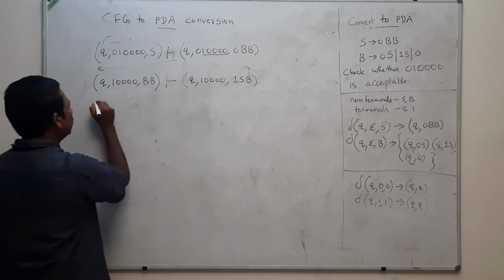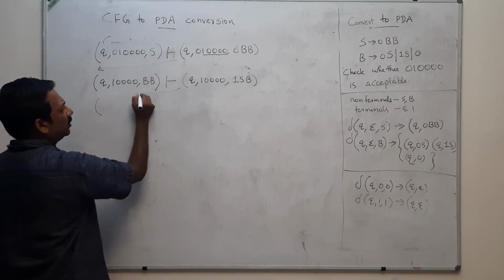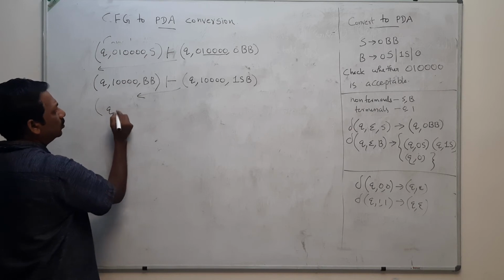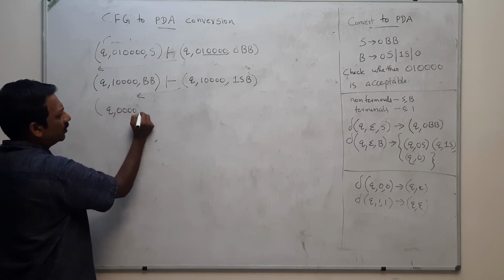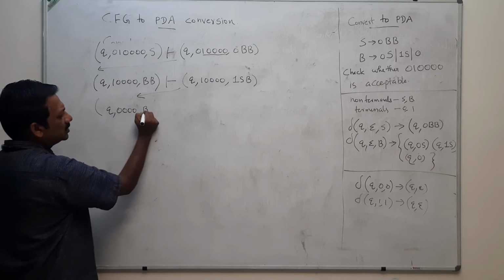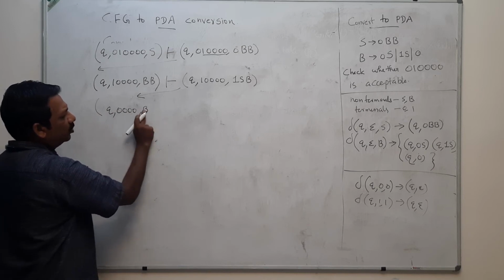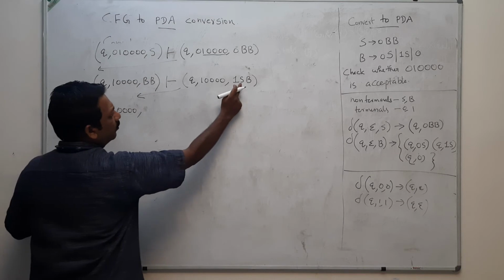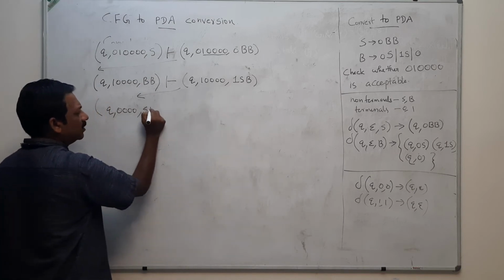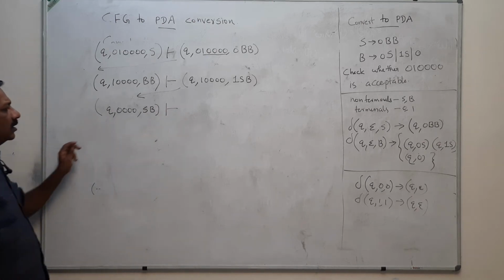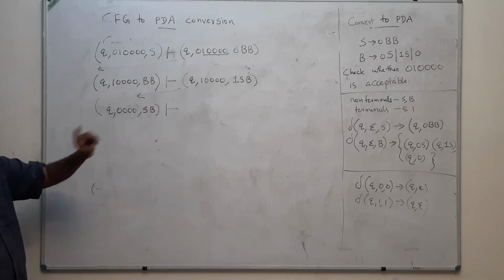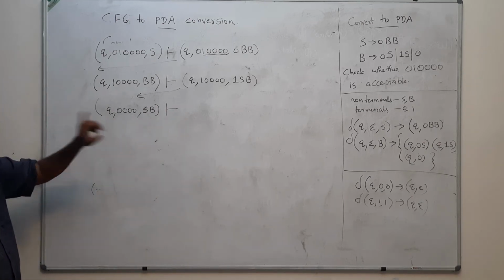Now after popping that, Q, 0 0 0 0 and B B is here. After popping this, S B. Okay, now what about Q0S? It is not there. Q epsilon S is there.